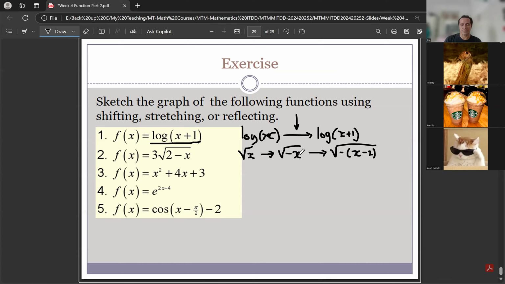It means that we shift to the right 2 units, and this should be 2 minus x.